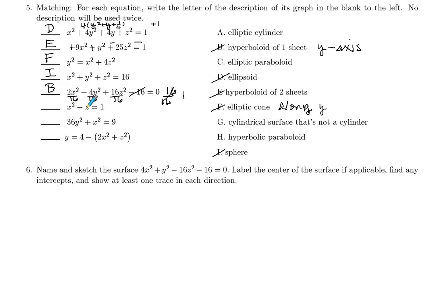X squared minus z equals 1. If we solve that for z, bring the z over here and the 1 over there as a negative, that's going to be z equals x squared minus 1. So z equals x squared would be a parabola in 2 dimensions, shifted down 1 unit, but now y is left out, so it's actually going to be a parabolic sheet, or what they call a cylindrical surface.